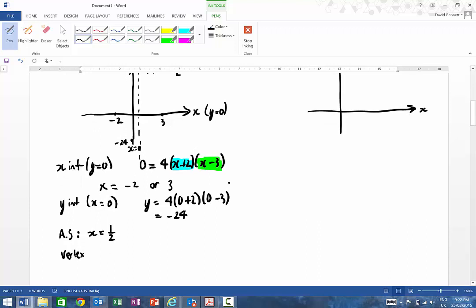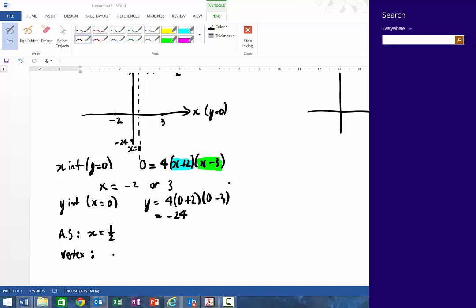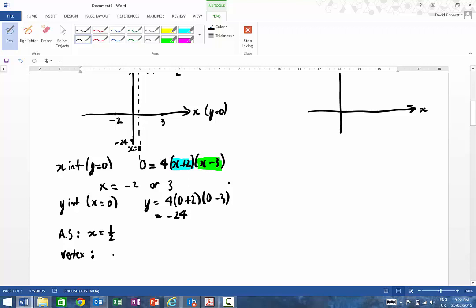So for my vertex, the axis of symmetry becomes my x coordinate, so I don't have to do anything about that. All I need to do is find my y coordinate now. According to my equation, it's going to be 4 lots of (1/2 plus 2) times (1/2 take 3).